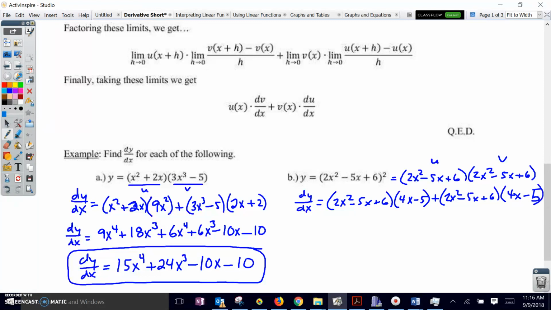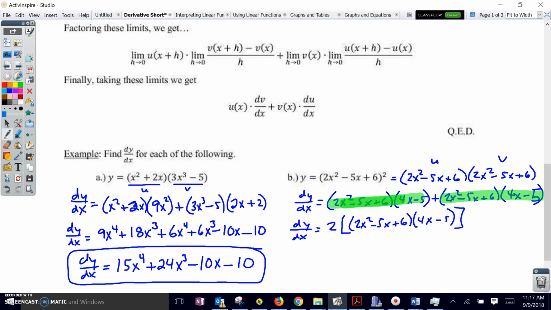And so I have two identical things here. Both of these expressions are identical with one another, and so I can simplify my simplification process a little bit by thinking about this as 2 times 2x squared minus 5x plus 6 times 4x minus 5.